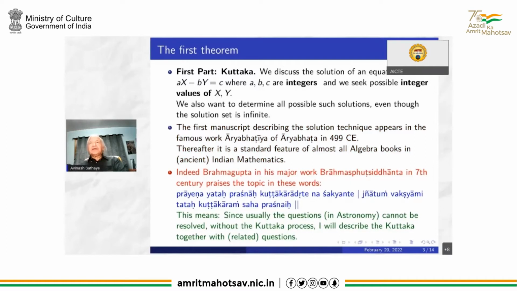Prayena yatah prashna kuttakara drutena shakyante jnatum vakshyami tatah kuttakaram sah prashnaihi. This means, since usually the questions in astronomy cannot be resolved without the Kuttaka process, I will describe the Kuttaka together with related questions.